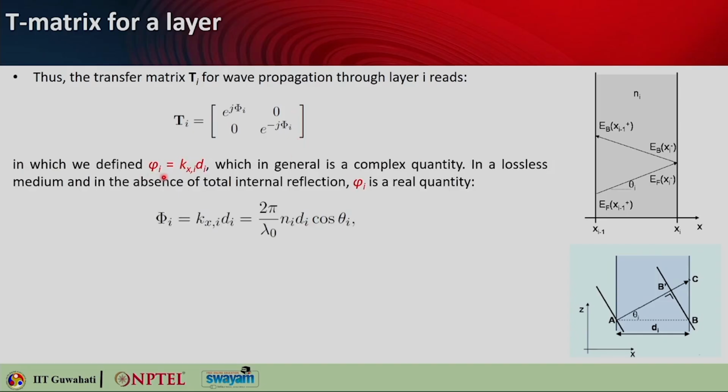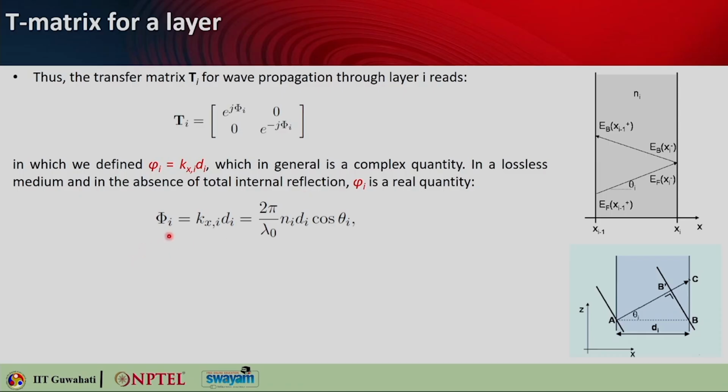Now what is phi i? It is nothing but kxi di, that is the amount of phase. So it is a very generic quantity, in general a complex quantity, I must say, and in the case of a lossless medium and in the absence of total internal reflection, you will see that this phase is a real quantity.